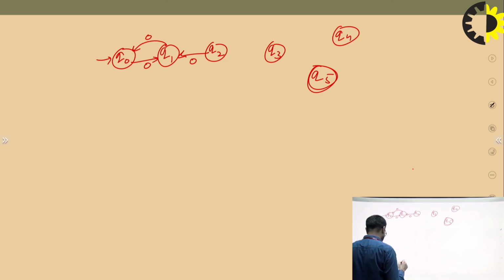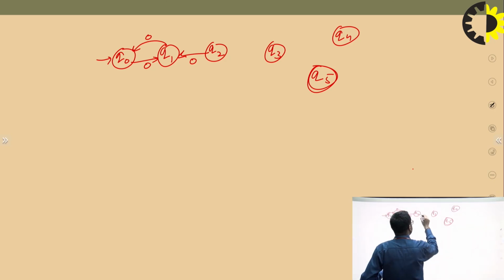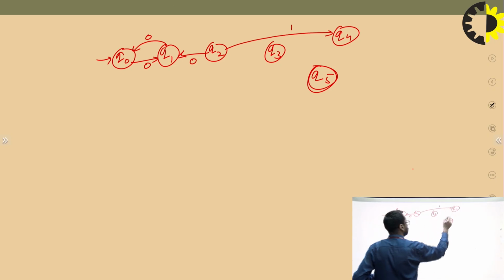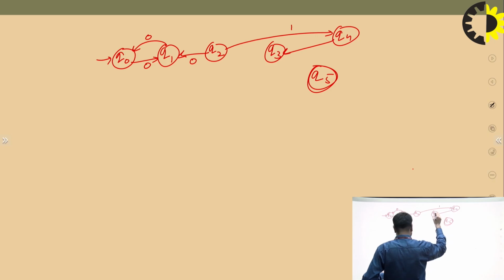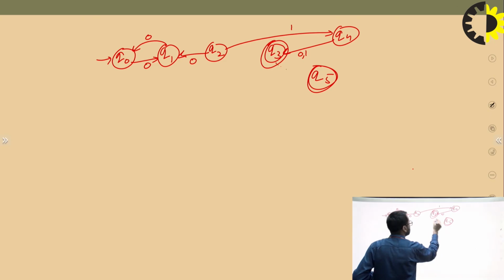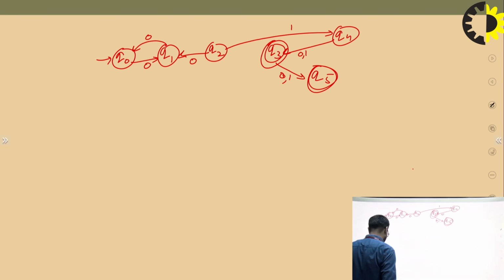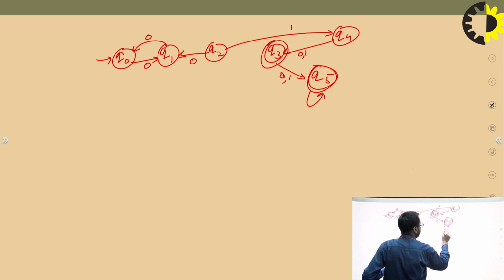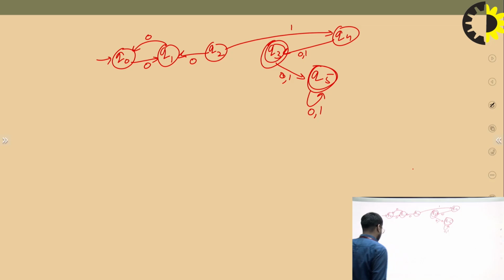We apply the input symbol 0 from Q2 to Q4. If we apply the input symbol 1, then it goes to Q3, which is also considered a final state. For the 0 and 1 input symbols, we go through the state Q5.